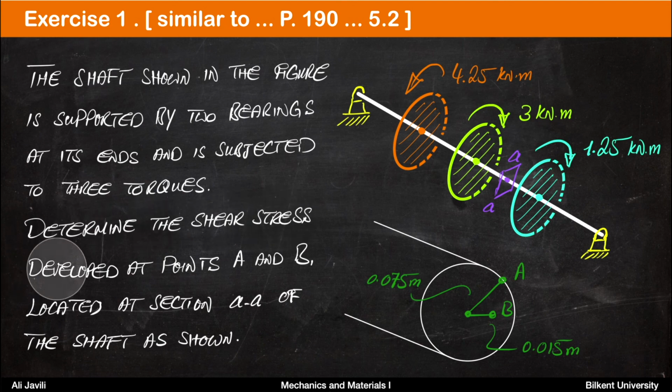Determine the shear stress developed at points A and B located at section AA of the shaft as shown. So you have section AA here, and on that circular shaft you have 2 points B and A with different distances, and you are asked to calculate the shear stresses developed at points A and B.